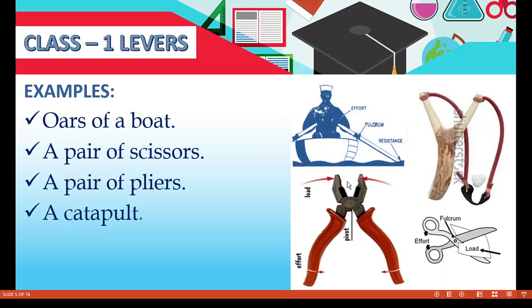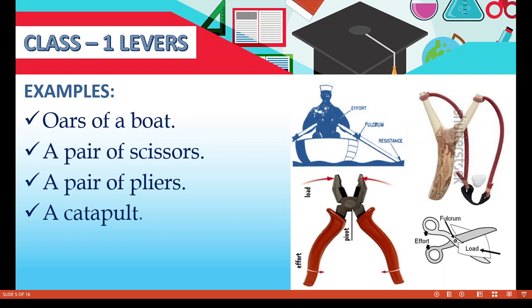Similarly, consider a pair of scissors. Everyone knows scissors are used to cut clothes, isn't it? A pair of scissors is fixed at the center, and this point is known as the pivot or fulcrum.